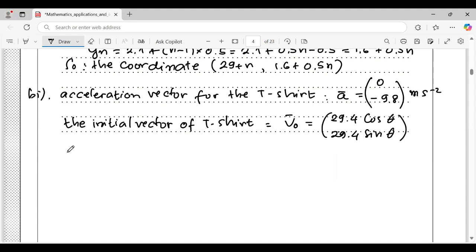And the velocity Vt is equal to V0 plus A times t.